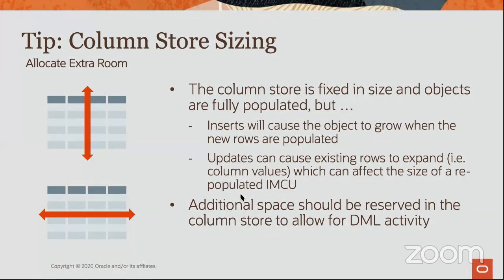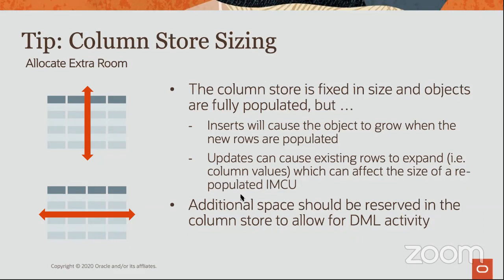Now you can see from the V$IM_SEGMENTS view I showed you how much total space you're using, and you could obviously monitor that over time to see if that's starting to grow and that you might have to increase the size of the column store. But if you run out of space in the column store, what happens? Your application will still run. What happens is we'll access all of the data that's populated in the column store, and any data that's not will get from the row store.